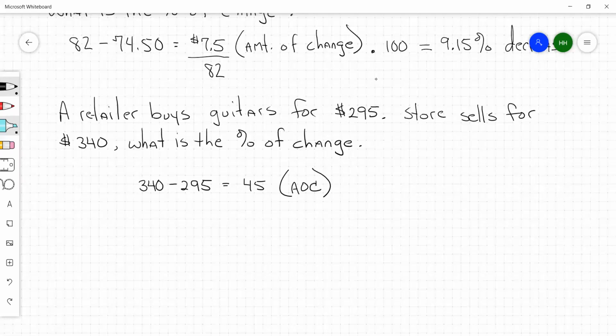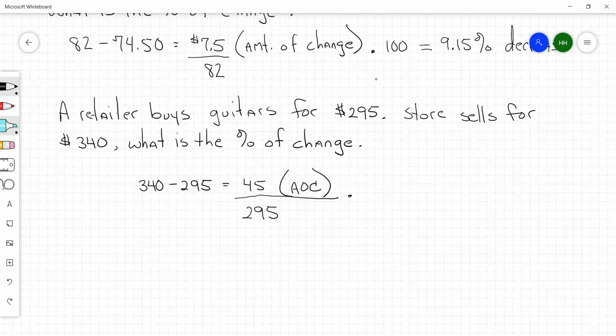We're going to divide that by the original amount. The original amount here is what they paid for them, the $295. They paid the $295 before they sold it. So that's your $295.